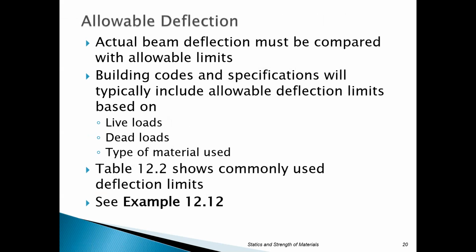So your actual beam deflection is going to have to be compared to what we call allowable limits. And as we said, building codes and other specifications are typically going to give you limits on what deflection you can have, and it's usually based on several things: either live loads or dead loads or type of material used.